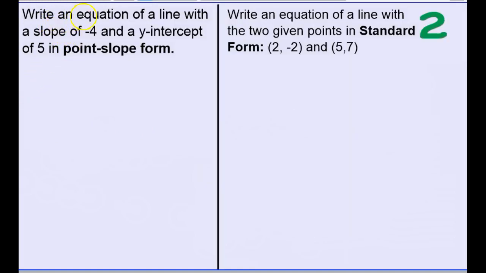Next, it says, write an equation of a line with a slope of -4 and a y-intercept of 5 in point slope form. So again, point slope form is y minus y1 equals m times x minus x1.